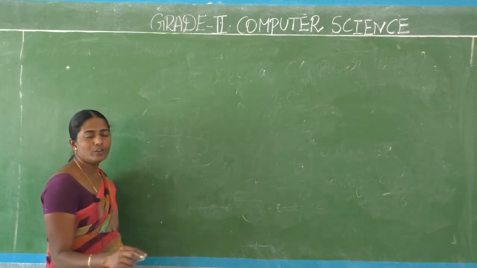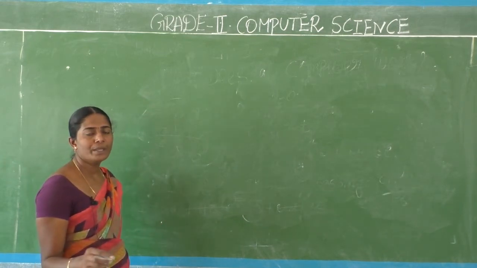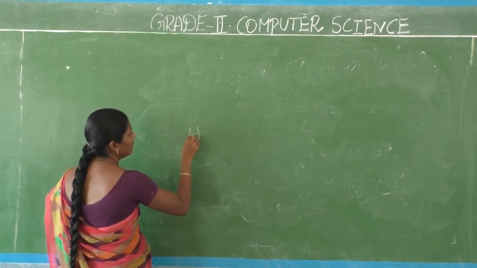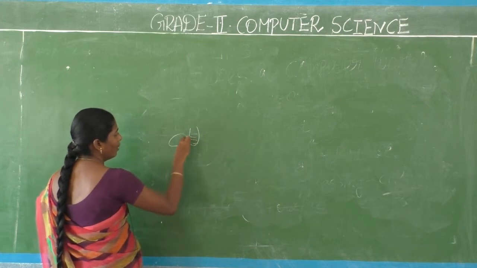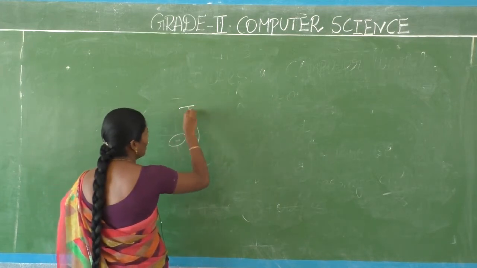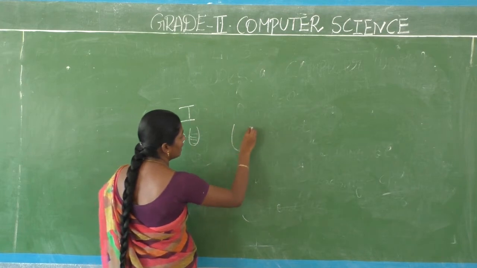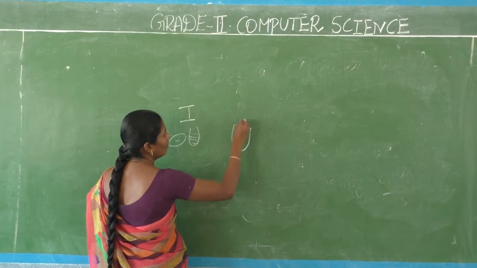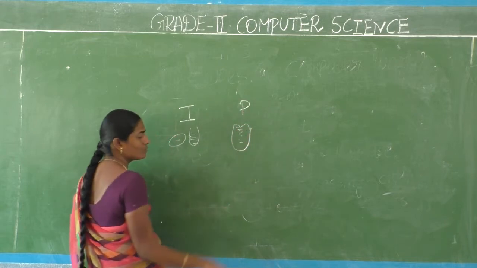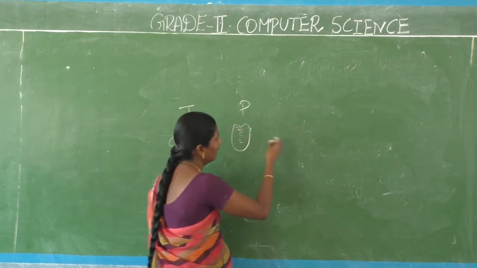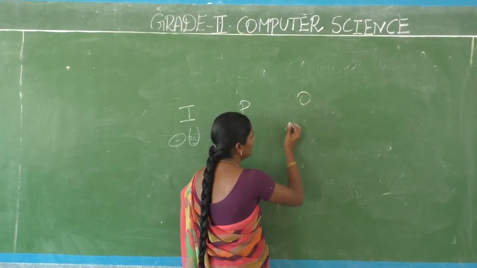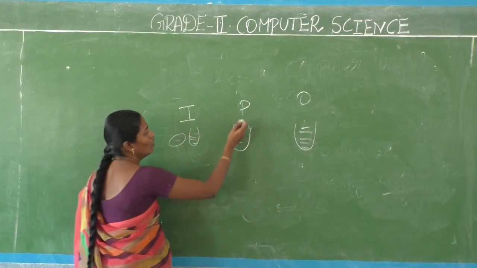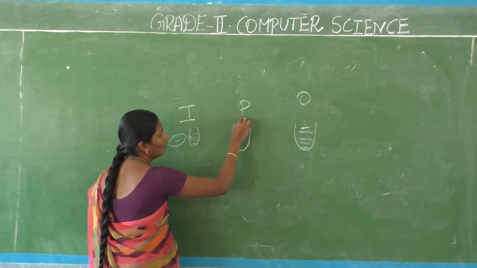Now I am going to tell another example also. See, what is here? Here there is milk. Here one mango is there. This is input. Here there is a mixie jar, isn't it? I don't know how to draw a mixie, okay? So what is this here? Processing, the mixie. Here output: this one is mango juice.